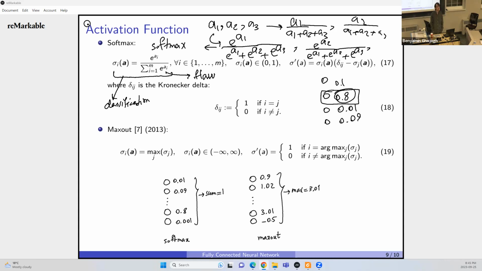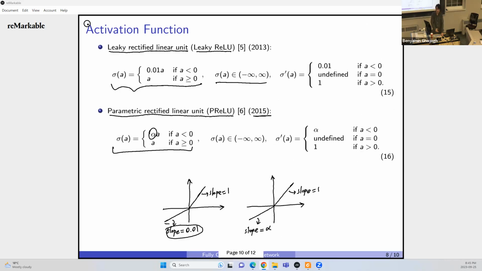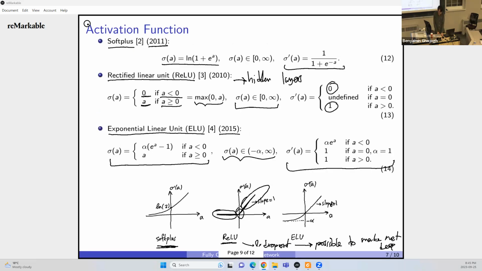Also, softmax has something I want you to note. Does softmax have a difference from other activation functions? Can you tell me? All other activation functions that we discussed, softmax has a big difference with them.